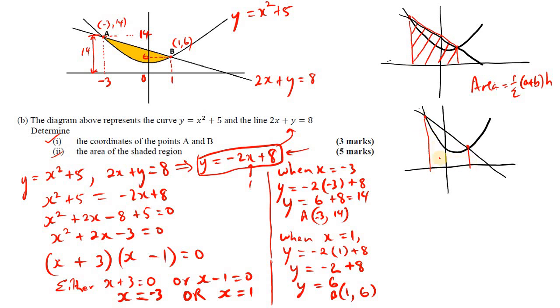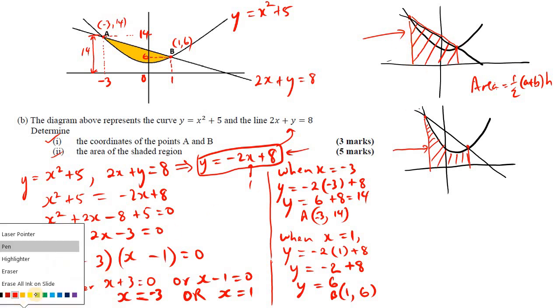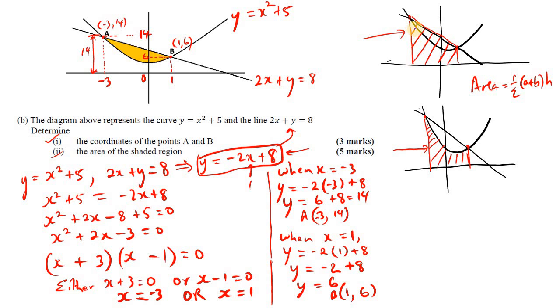Let's draw the same straight lines again, but this time I'm going to find the area underneath the curve. Imagine that we have this, and we're subtracting this portion out. What portion will remain?